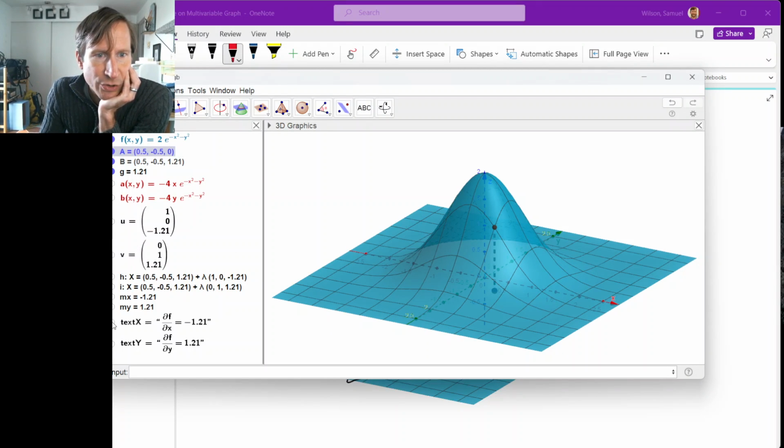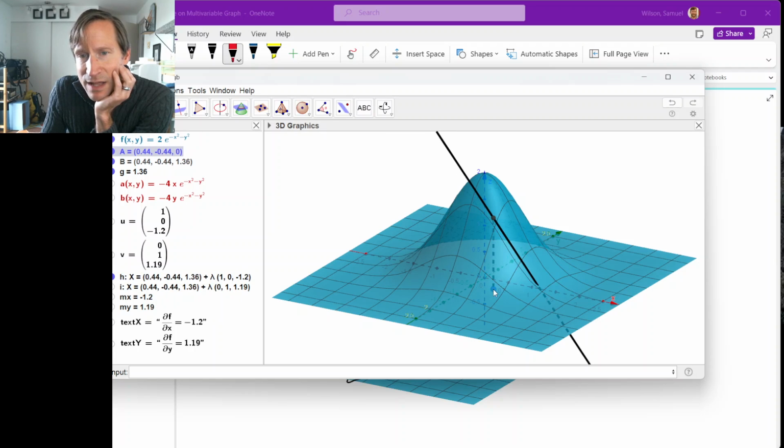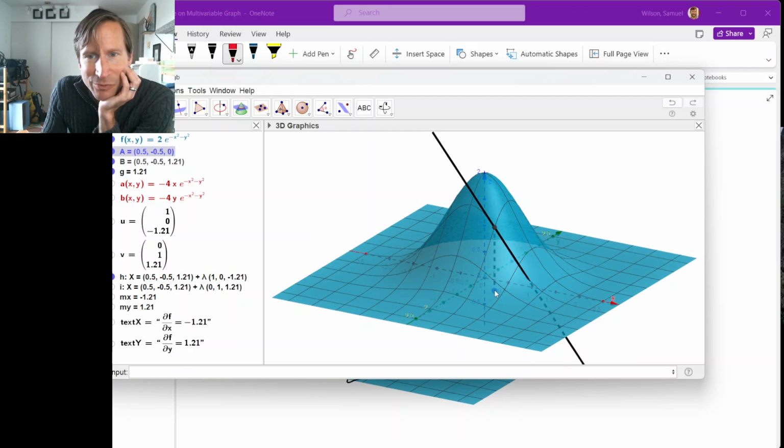Okay, so here is the tangent line in the x direction. What I can do is slide this point around the xy plane. Sorry, this isn't what I wanted to do. Let me hide this for a second.